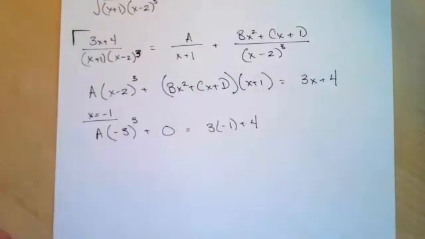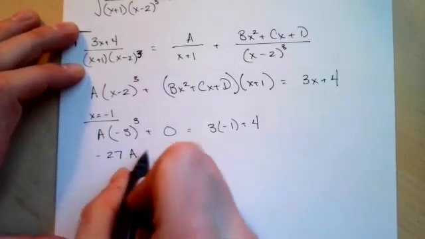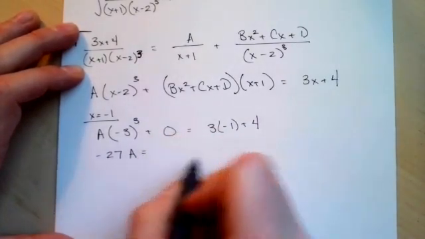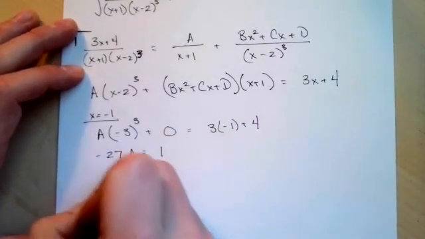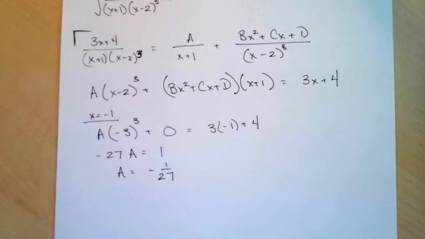So this whole term vanishes, and so we will have -27a is equal to, what was that, just 1? And so our a is -1/27. Not the nicest of factors, but we'll have to get through it.